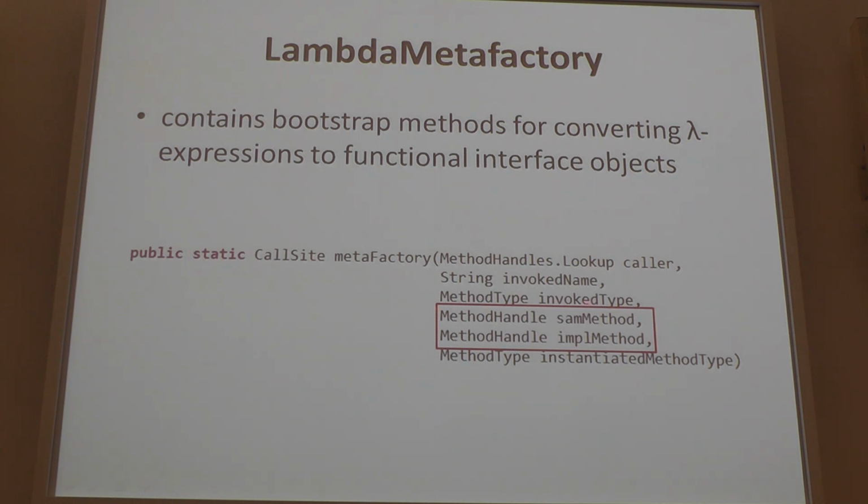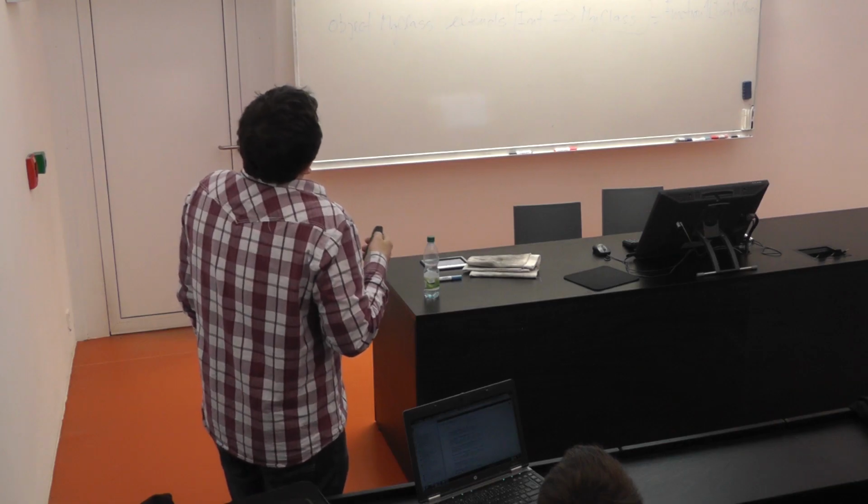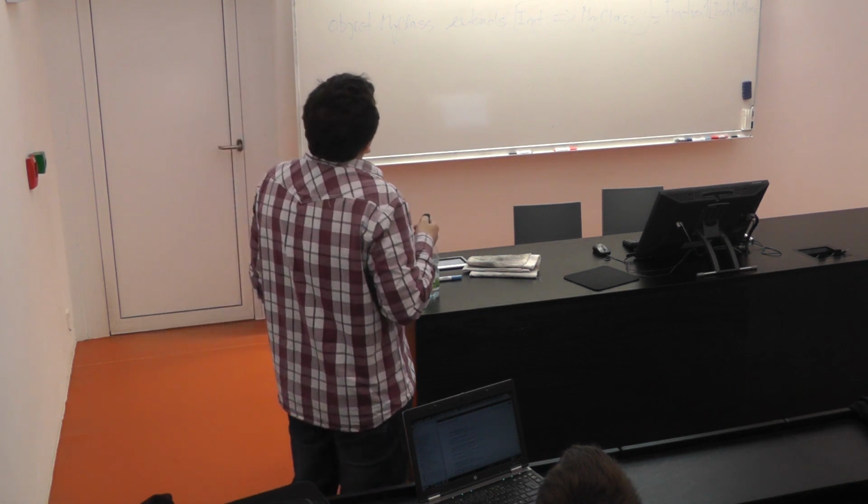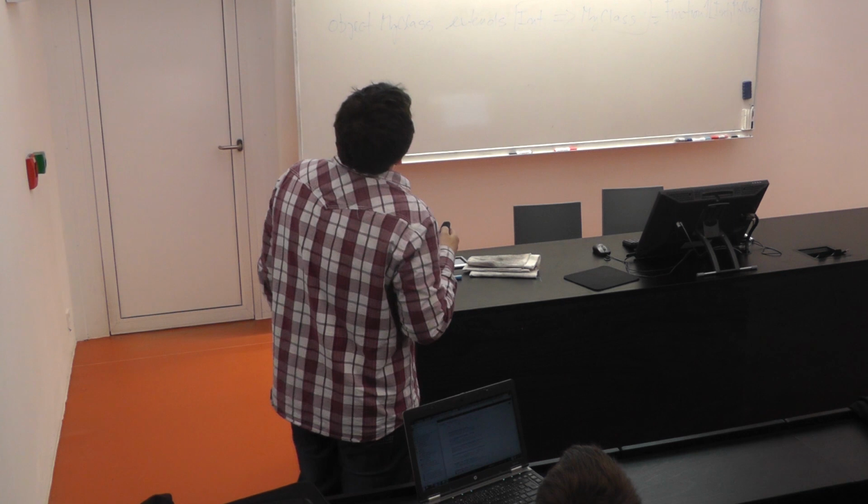So this is a reference to the method definition in the interface, and the other, the impl method, is a reference to the generated synthetic method in some class that contains the implementation of the lambda expression. And how it all works together, you will see in some more bytecode.